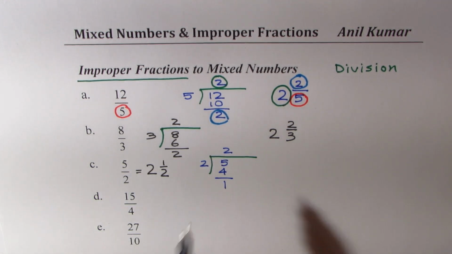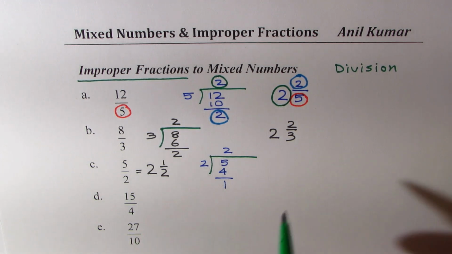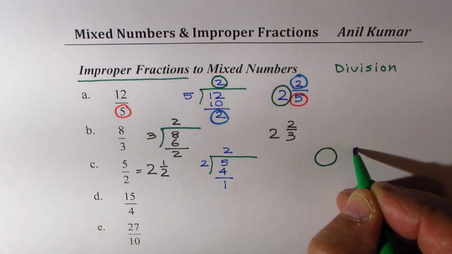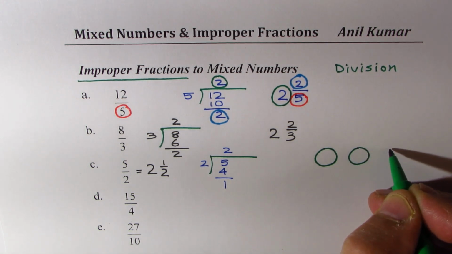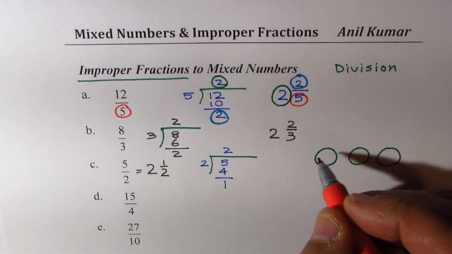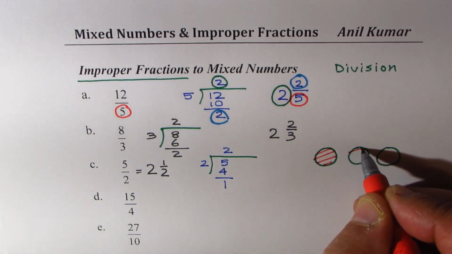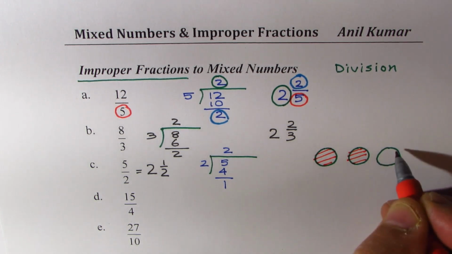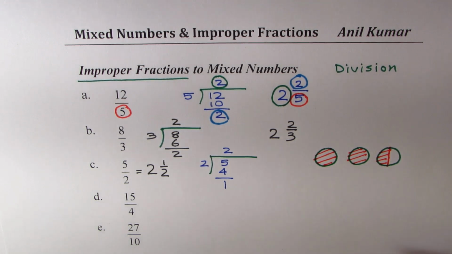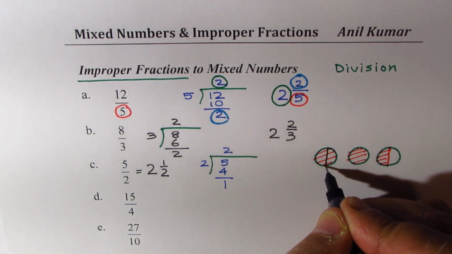If I have to represent this as a picture, how do I do it? That means 2 wholes and a half. Let me show you here. Let's draw 2 circles. These are my 2 wholes. And the third circle, I'm taking half of it. That is to say, I take 2 wholes and half of this. That is 2 and a half. As far as fractions are concerned, think like this.